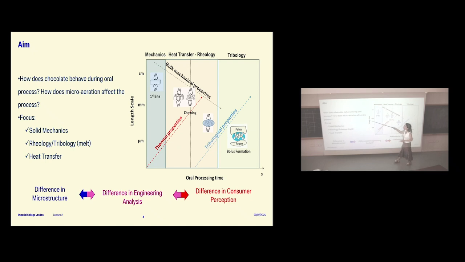And we wanted to see what effect that will have on all of these processes. So we're changing the microstructure of the chocolate by having gas in the chocolate. And the hypothesis is that we should be able to see that in our engineering analysis here, so solid mechanics, rheology, tribology, and so on. And that will lead to a difference in consumer perception. And for these projects, this was the key, to try and understand consumer perception.